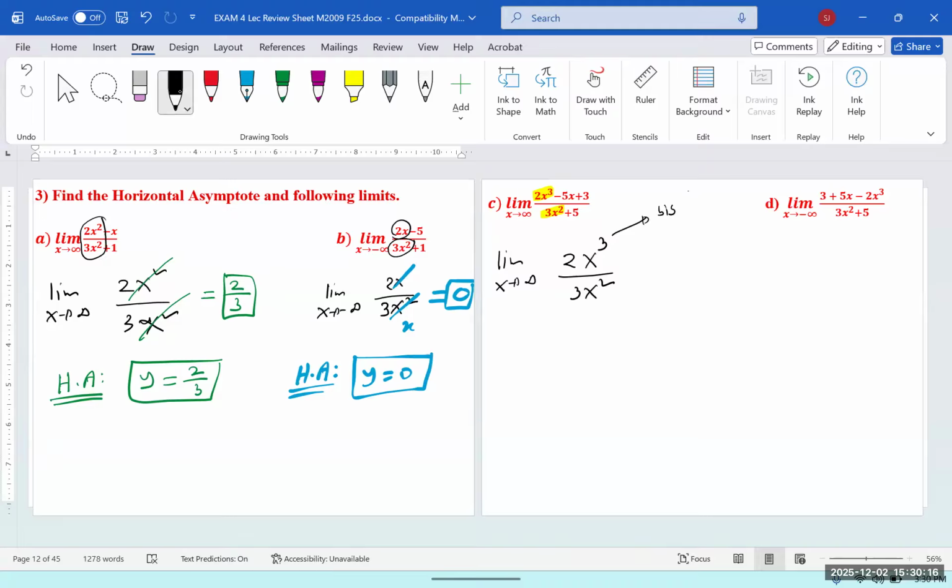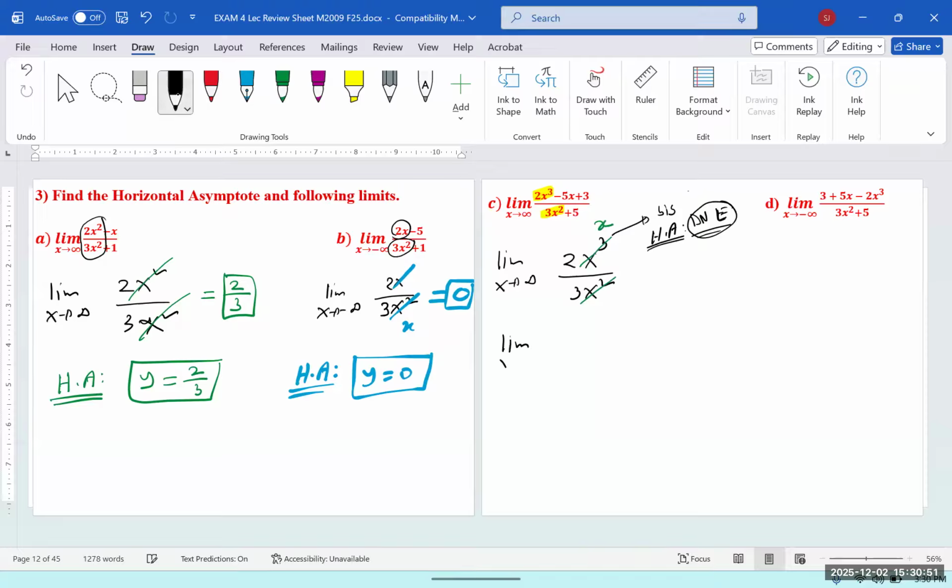When the numerator is big, the horizontal asymptote automatically doesn't exist. However, you need to find your limit. You need to calculate the limit. So you cancel x squared and x cubed, and you get x on the top.